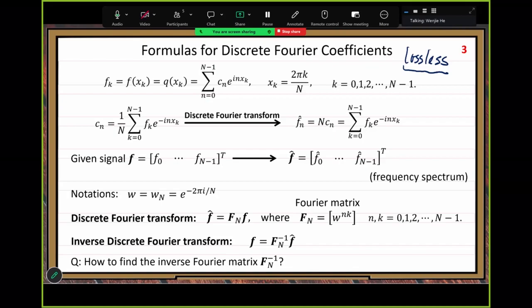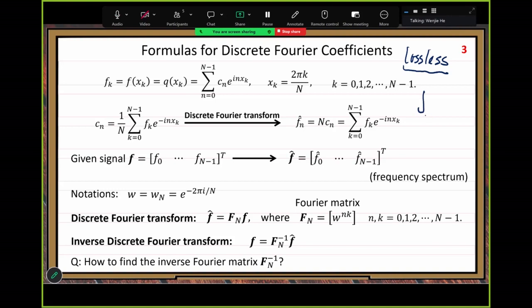Essentially, just scaled up by N multiples. All right. So you can see each coefficient in the frequency domain is represented as a summation of certain terms. So this one, when we compare it with the continuous version of Fourier transform, we use an integral.